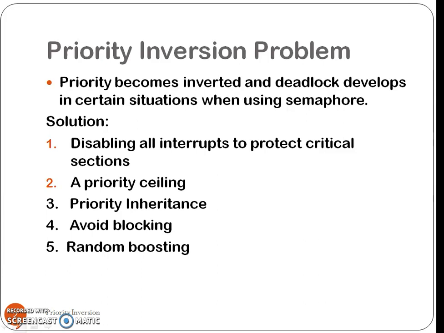But while doing so, we are disabling the task scheduler because we want to get rid of the problem of interruption, and that's why priorities will be preempted over there. While doing so, priority becomes inverted and deadlock develops in certain situations.